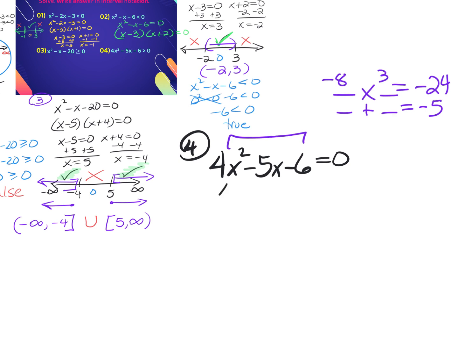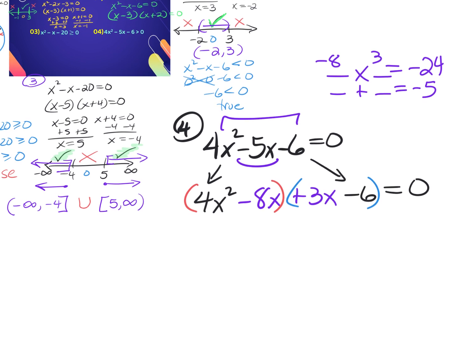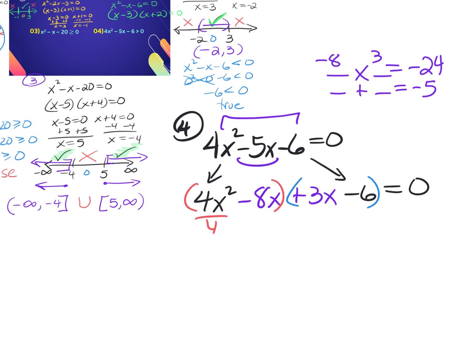So rewrite the first term, 4x squared. Replace the middle with these two factors you just found. Rewrite the last term. And now factor by grouping. Make a red group and a blue group. The greatest common factor of my red group will be 4x.